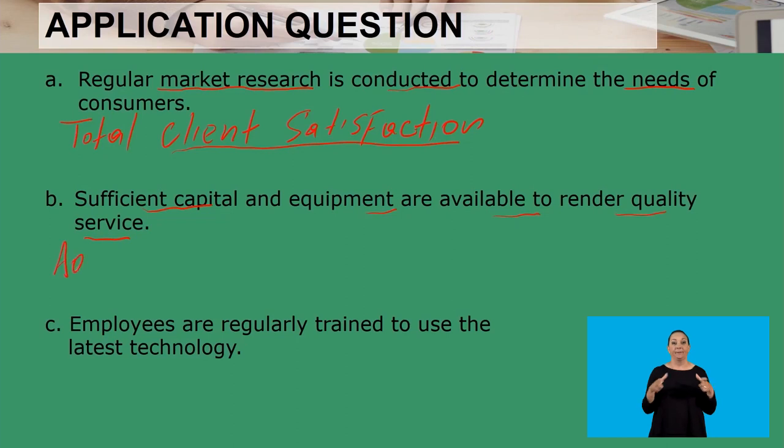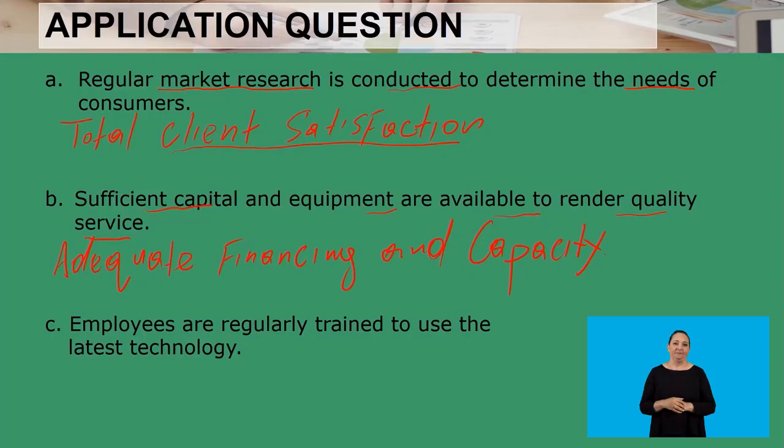That element becomes adequate financing and capacity. This element talks about the idea that large businesses have the financial resources to test everything before they implement.